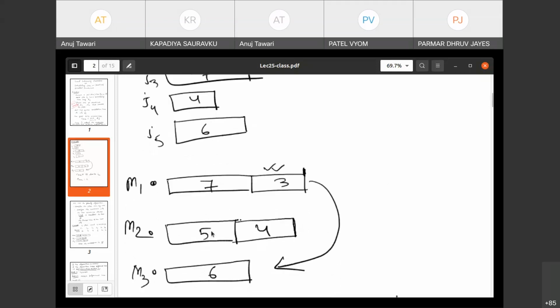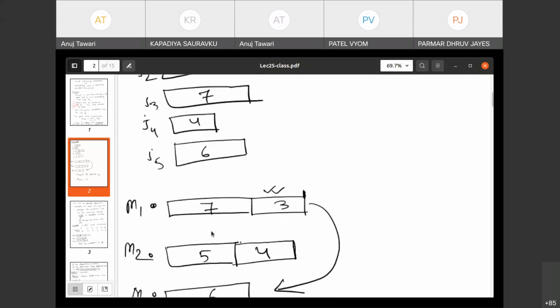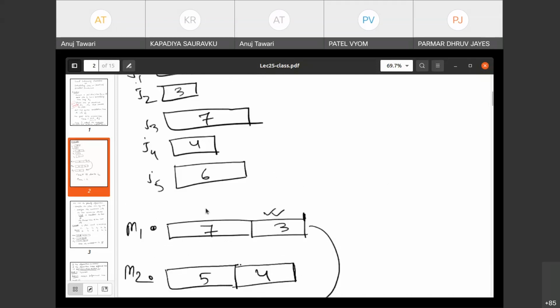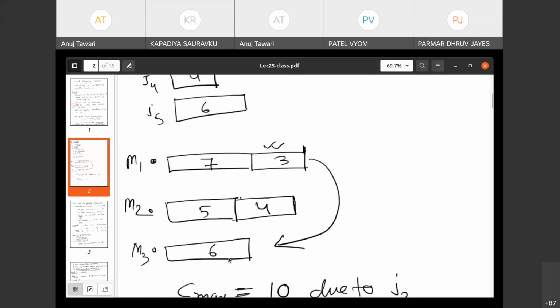So here's one possible allocation. On machine one, you give two jobs, one which takes 7 hours, that is J3, and then J2. Then there is another machine which processes J1 and J4. Then there is the third machine which just takes J5.